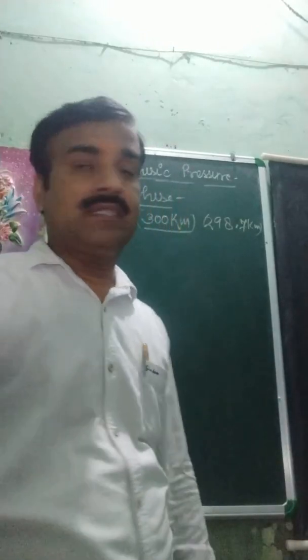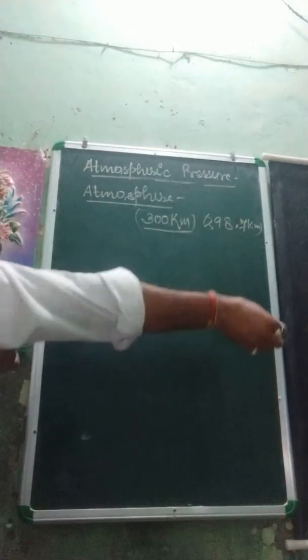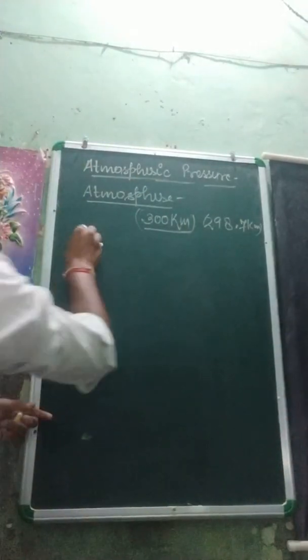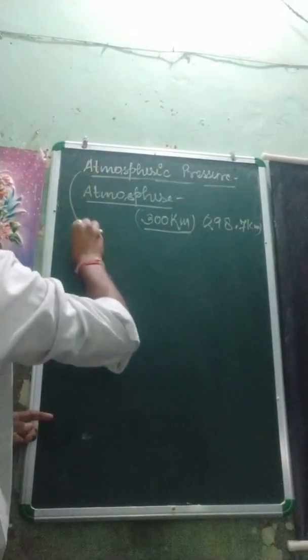Now come to the next definition, that is atmospheric pressure. The force exerted by air onto the unit surface area is called atmospheric pressure.